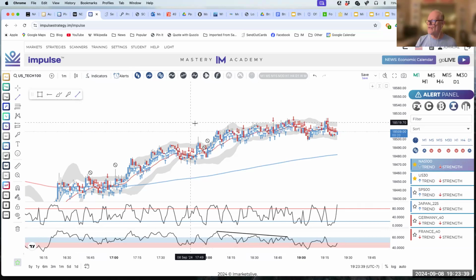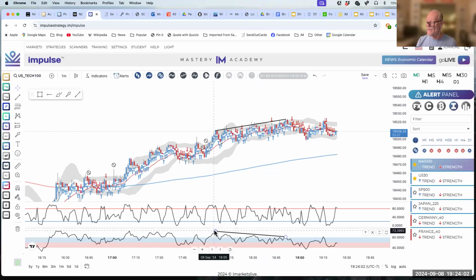So again, we draw our trend line, we take it over here. We're going to go from this candle here, and we're going to take it to that candle there. Okay, and you can clearly see this top line here is angled up, and this bottom line here is angled down. Okay, that is what we call divergence.